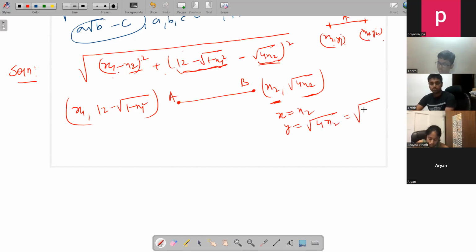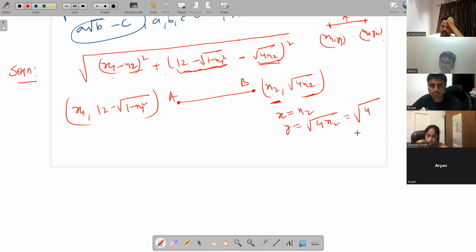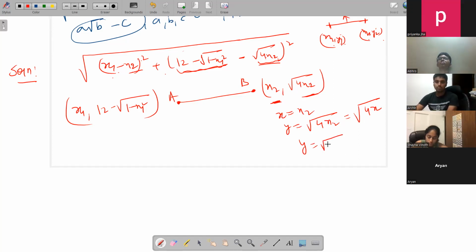If you replace x2 by x, then y equal to under root 4x. Just square it: y square equal to 4x. Now you can see this is the equation of a parabola.